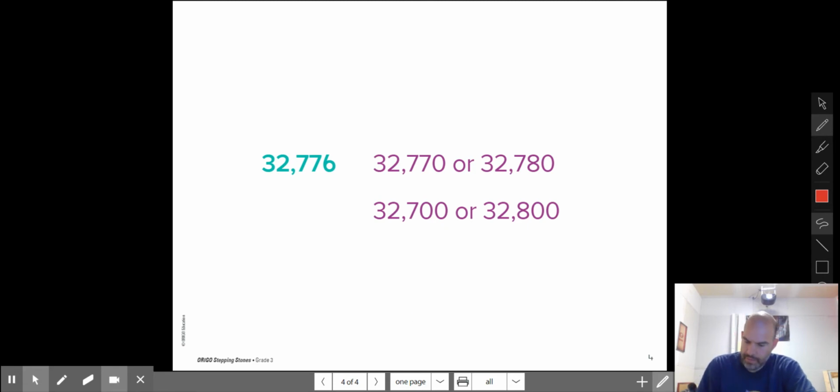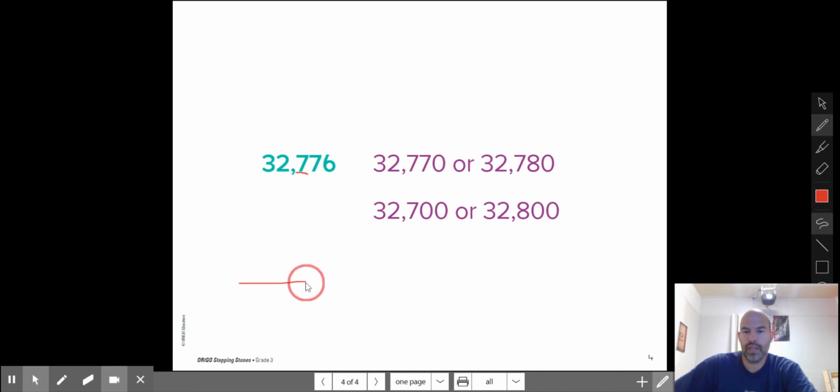Next we have this next slide. It shows 32,776. And if we were to round this number to the nearest 100, let's take a peek at that. This time we're looking at the hundreds place value, and we can see the tens place value has a 7.